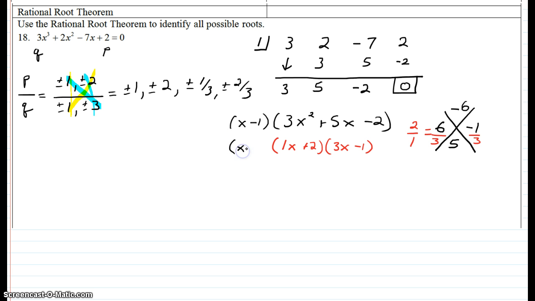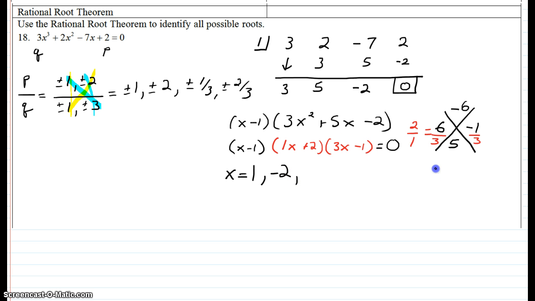And then we have the x minus 1. And remember, we're trying to find the roots, the zeros. So just make it equal 0, so we're going to have x equals 1. And this is just x plus 2, so we also have a negative 2. And then 3x minus 1.